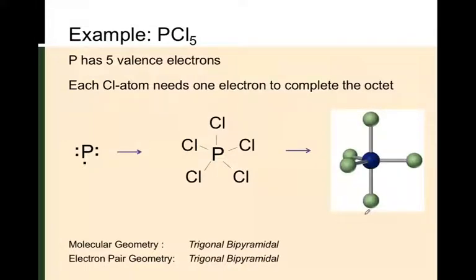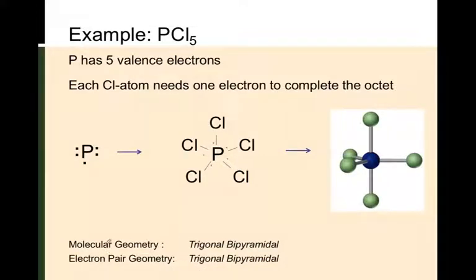Okay, so an example here, PCl5. Phosphorus has 5 valence electrons, and each chlorine atom needs 1 electron to complete the octet. So it gets 1 electron from the phosphorus in each bond. And so it then is able to form this trigonal bipyramidal structure.